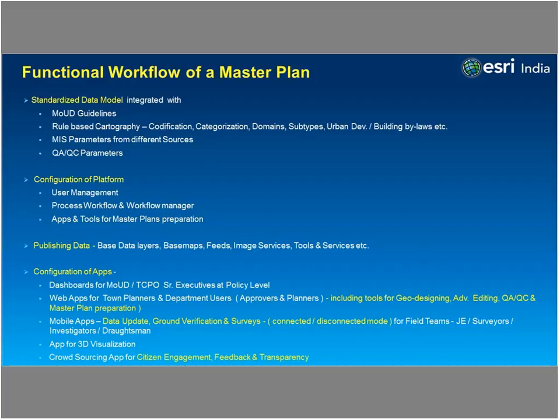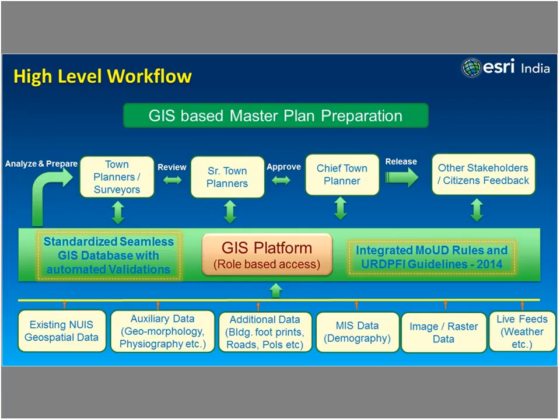So with this, this is a typical high-level workflow where it is expected that there is a GIS platform which integrates different data from various sources, like existing NUIS data or other available spatial data, and some auxiliary data related to geomorphology, physiography, contours, and terrains.